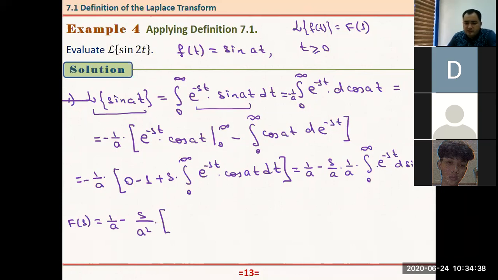Now, again, if you just bring this out, if you evaluate this, what we have here e to the power minus st times sine of at from 0 to positive infinity minus integral from 0 to positive infinity. Here we have minus s of t.